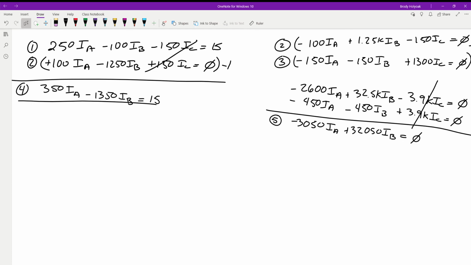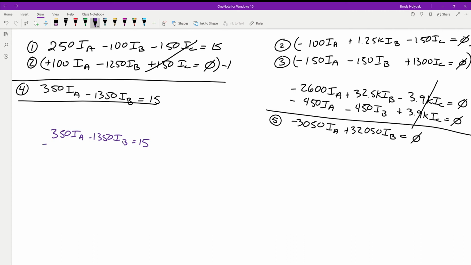Now we're going to combine these guys together to get rid of one of these values. Do we have an easy one? Not really. Going to have some big numbers when we get done with this. So we got 350 IA minus 1350 IB equals 15.